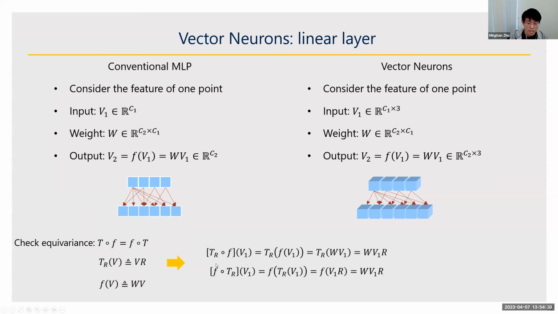Therefore, it's very easy to see that applying the function first and then the rotation is equivalent to applying the rotation first and then the function, because they correspond to multiplication on the left and right respectively, and they do not affect each other. So these two operations are equivalent. Therefore, this layer is SO(3) equivariant.